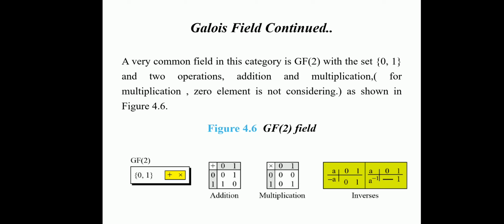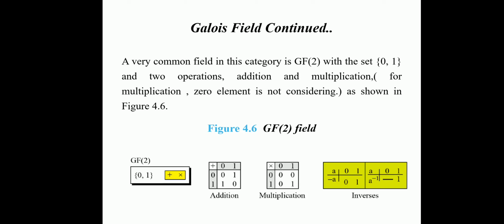Next we can find the additive inverse as well as the multiplicative inverse. We can find them easily using this table itself. For addition, we know the identity element is 0. So you need to mark all the zeros in the addition table.